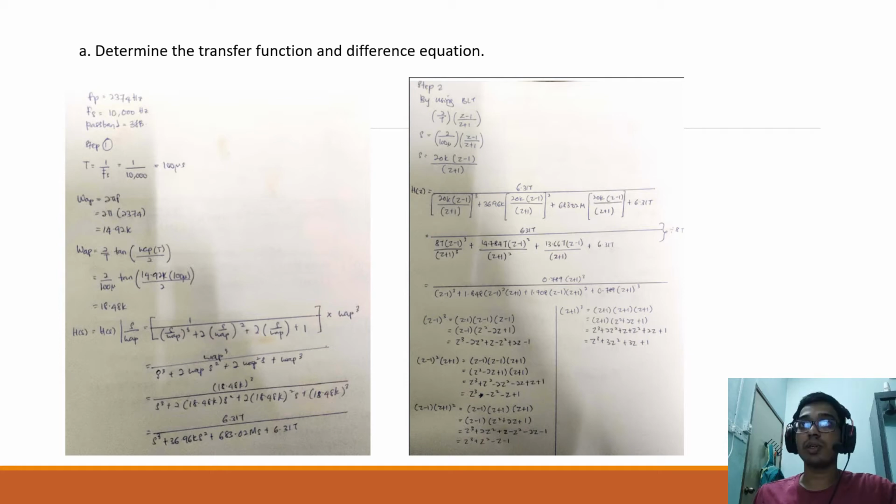So we just need to put in the value of T, and we will get 20K times z minus 1 divided by z plus 1.